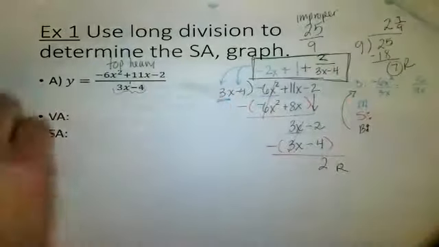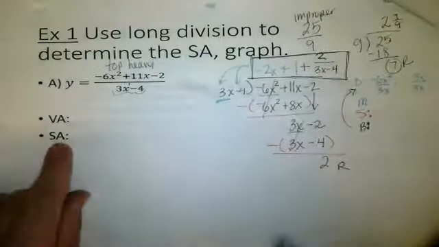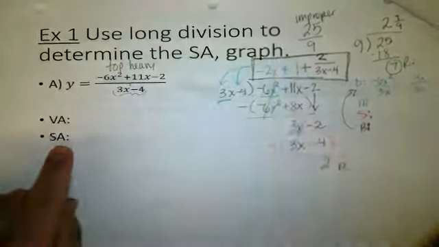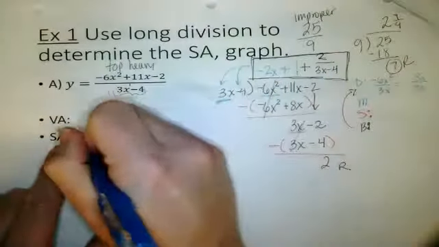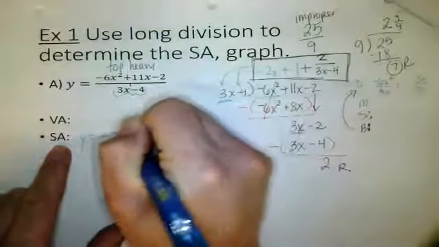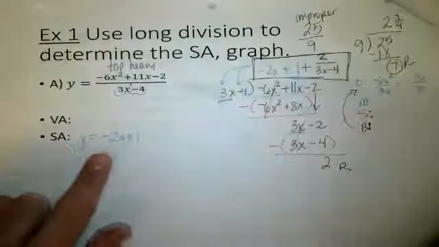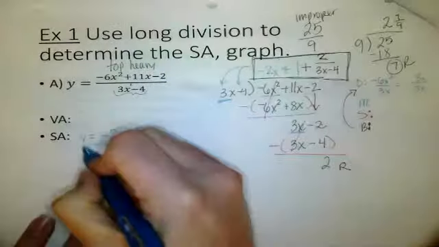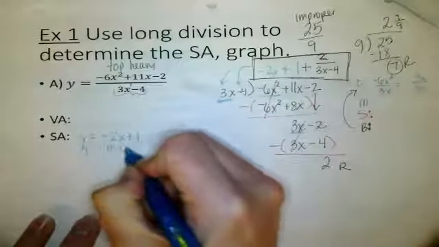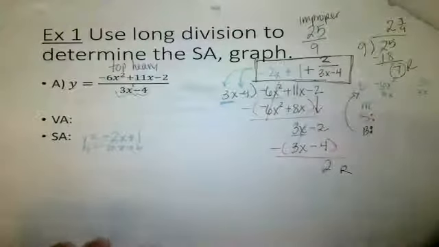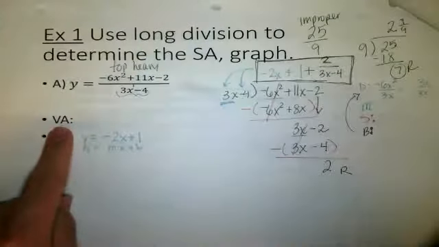And, hey, the very cool part, when we do the long division, this quotient is our slant asymptote. So our slant asymptote is y equals negative 2x plus 1. That is the equation of a slanted line. Think slope-intercept form, y equals mx plus b. And so we're going to graph that slanted line. Where do the vertical asymptotes come from?